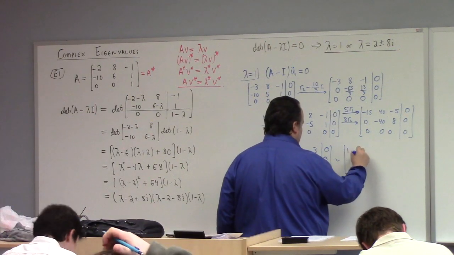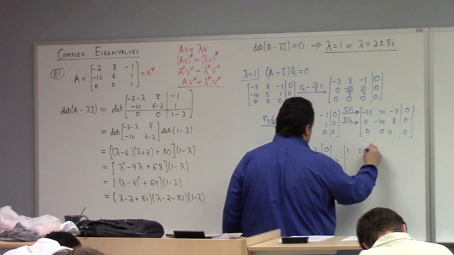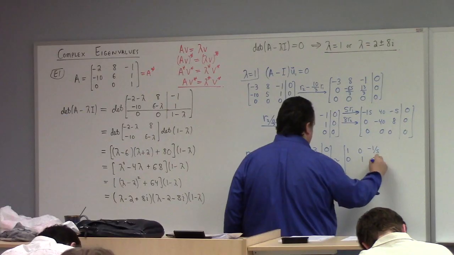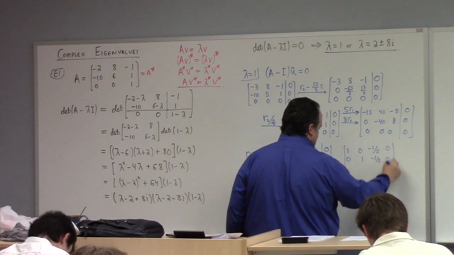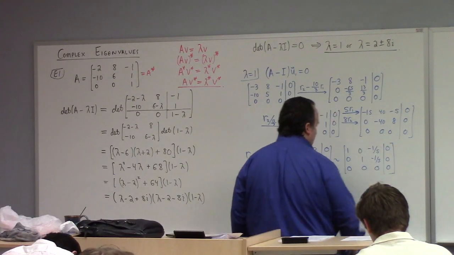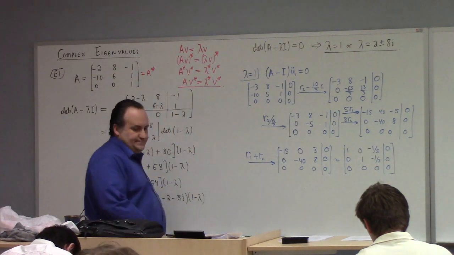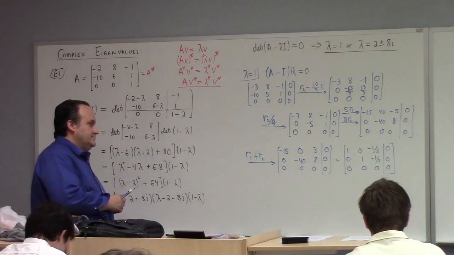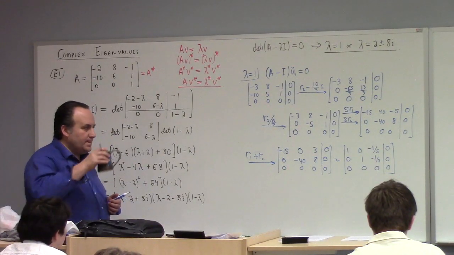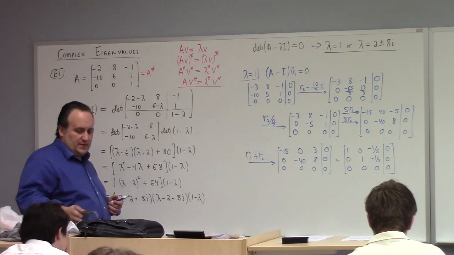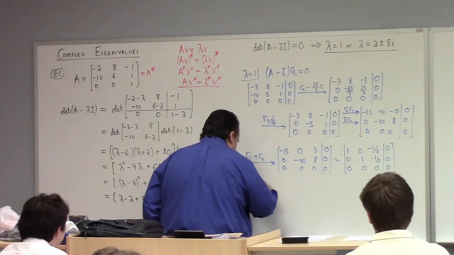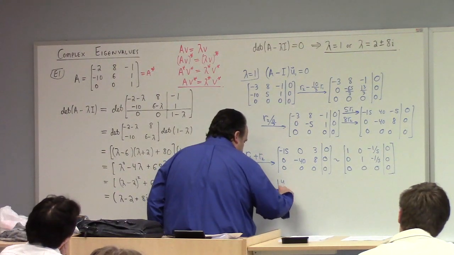So 1, 0, minus 1/5, 0, 1, minus 1/5, I think. Is 8 over 40 1/5? Right? Now, so this tells me what? This tells me that with U, V, W, what's it actually equal to?